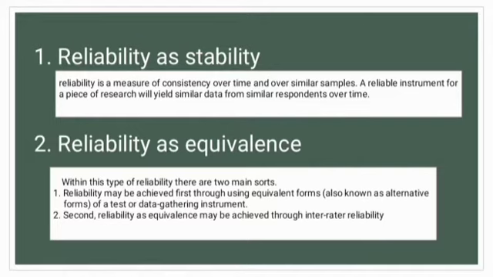Within this type of reliability, there are two main sorts. First, reliability may be achieved through using equivalent forms, also known as alternative forms, of a test or data gathering instrument. Second, reliability as equivalence may be achieved through inter-rater reliability.